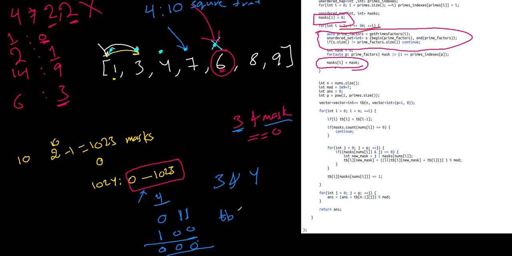That means, let's say the result at this index, 0 1 2 3 4, of which mask. Now the new mask is this OR this, so 0 1 1 OR 1 0 0, and this equals 1 1 1. This is the value 7, and this means we have all these prime factors.